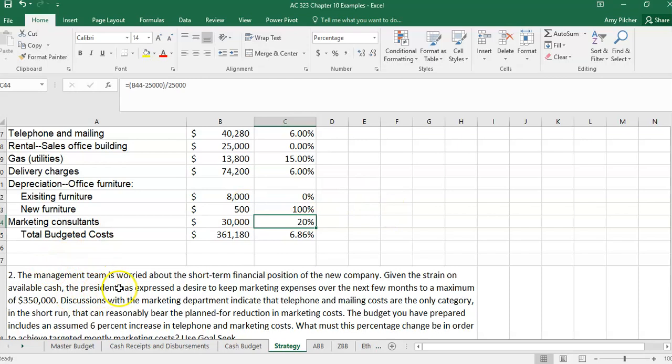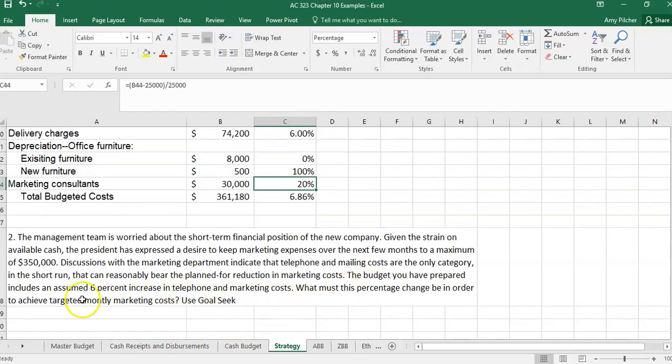So next we're told that there's a strain on available cash and we want to reduce our total budgeted cost to $350,000. We need to reduce our budget. We've done some research and we've decided that the only thing that they think they can give up are the telephone costs.